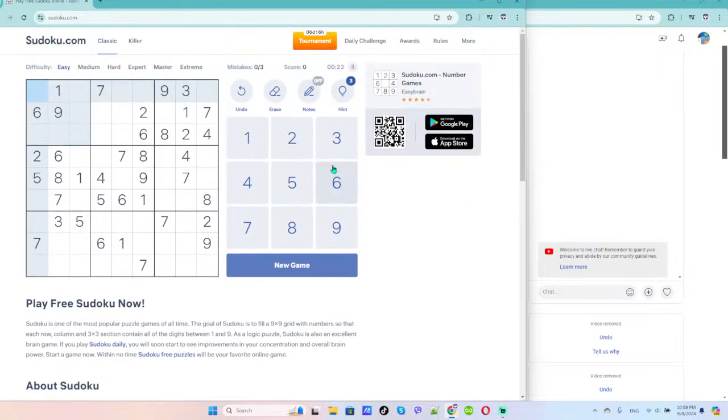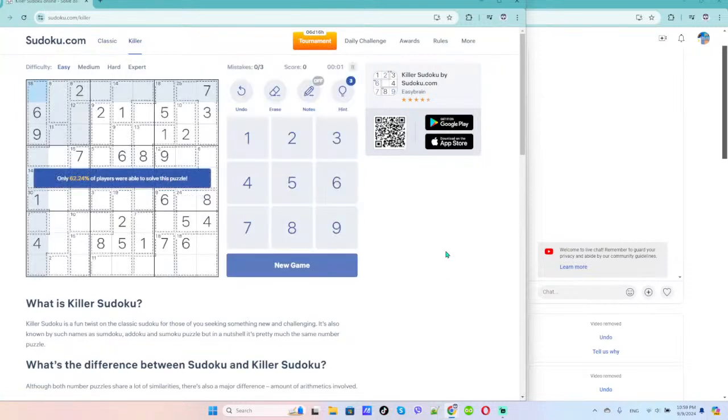So let's continue. I will choose the killer Sudoku that I promised I'm going to solve at the end of the video. So that's the challenge for today. I mean, that's not a really hard challenge because in competitions and in championships, there aren't all these numbers appearing on the screen or on the paper.